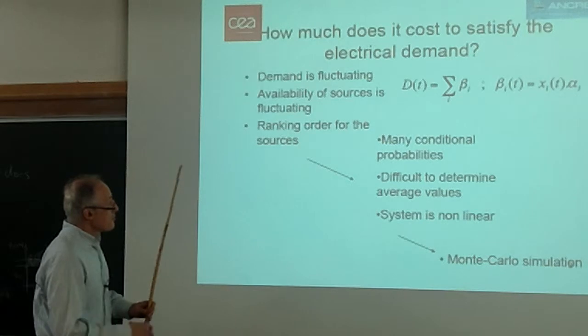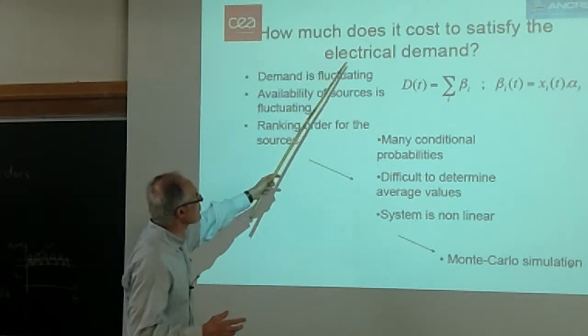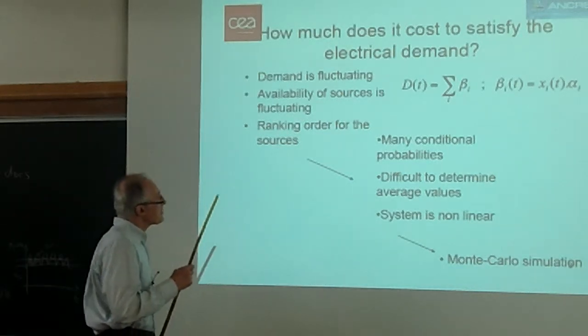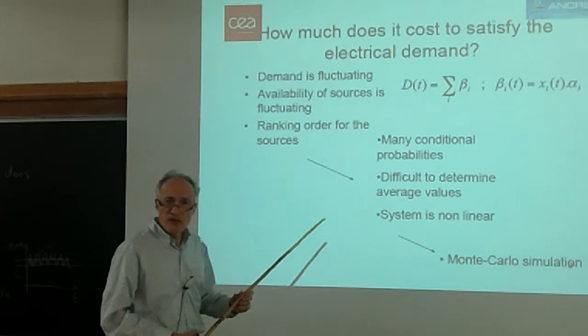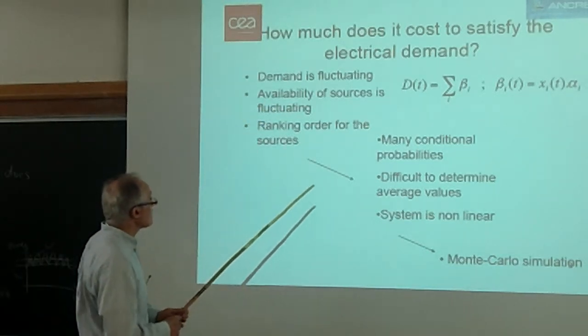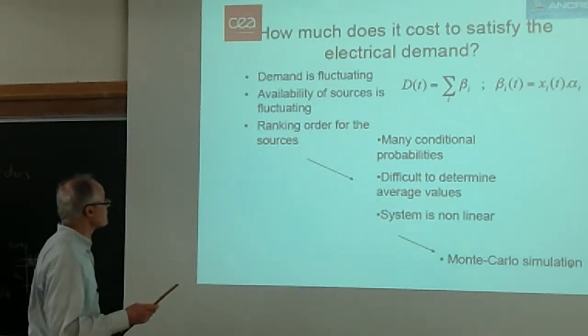So the question we want to answer is how much does it cost, in the large meaning of cost, to satisfy this electrical demand. And this is a complicated problem a priori because the demand is fluctuating, and the availability of the sources here is time dependent also.